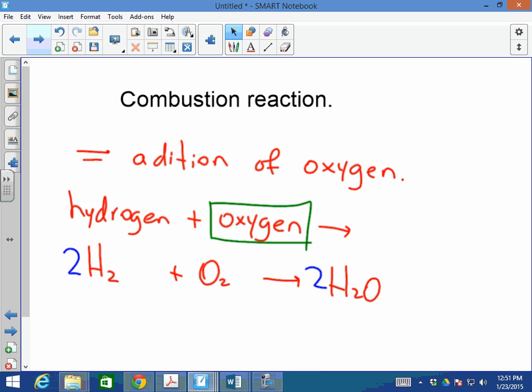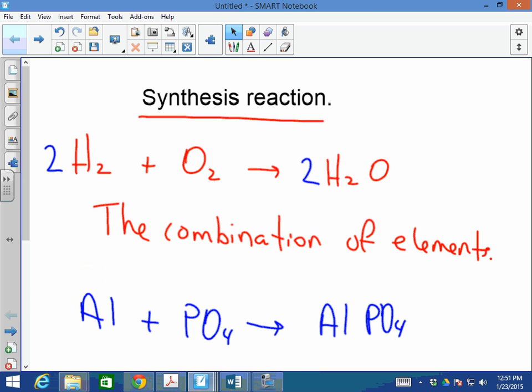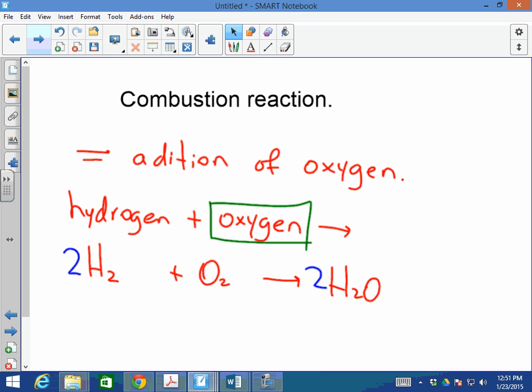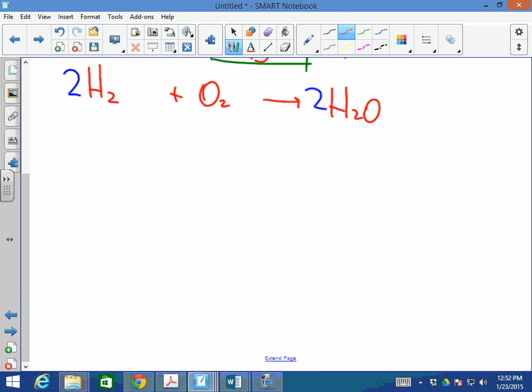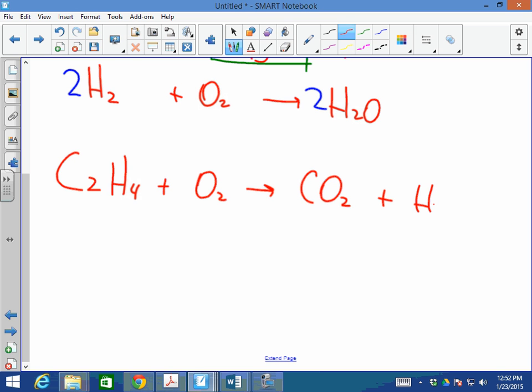Let's make sure that we review a little bit over here. Synthesis, so far is good. Combustion, addition of oxygen. Let's do another combustion reaction. C2H4 plus O2. As long as I have oxygen adding to the equation, it is a combustion reaction. I end up with CO2 plus H2O.